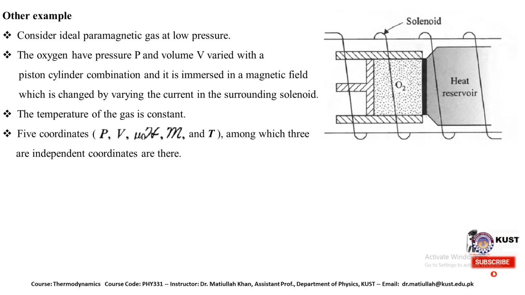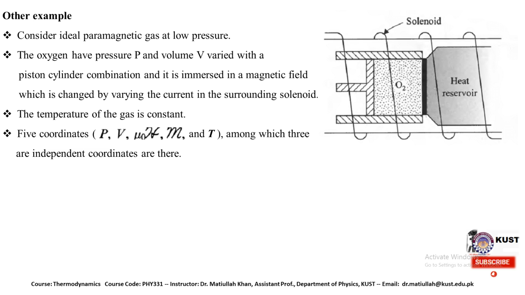So how many coordinates do we need to express this system? Again, we have more than 3 thermodynamic coordinates needed to describe this system, and that is why we will have more than one equation of state to describe the equilibrium configuration of these systems. Normally we need 2 equations of state.